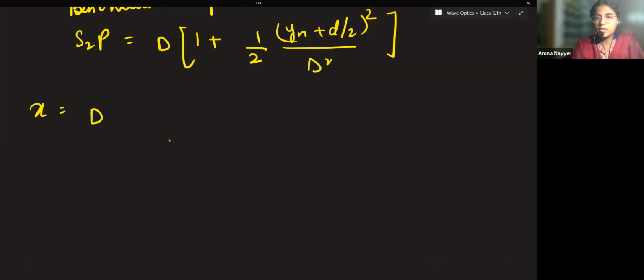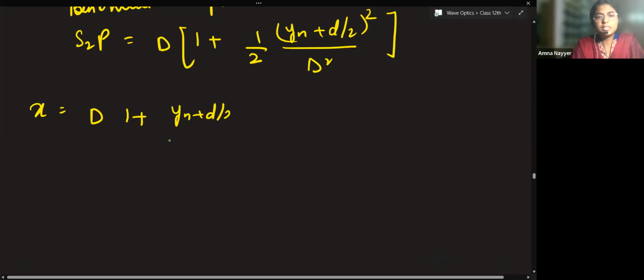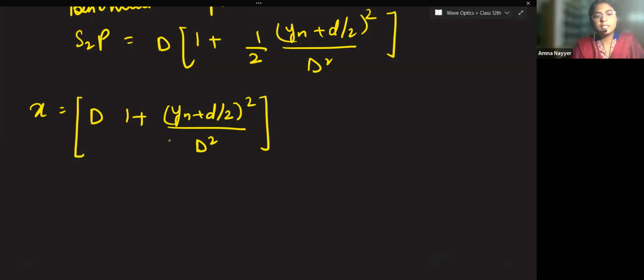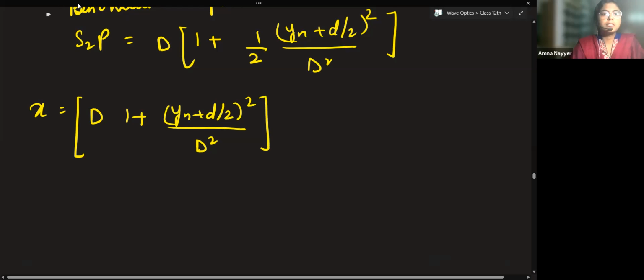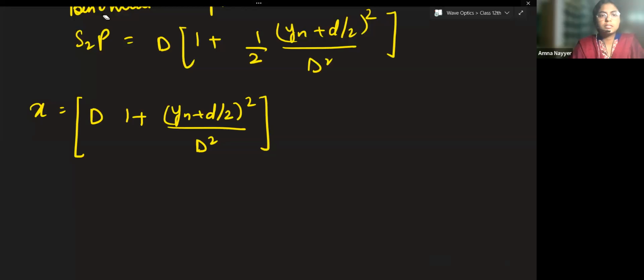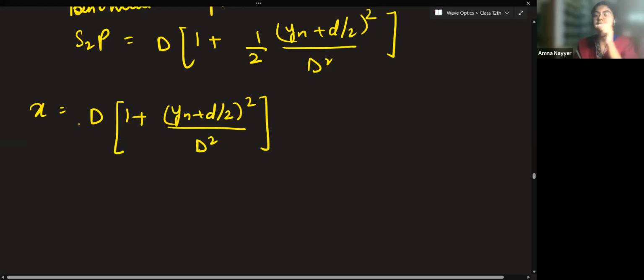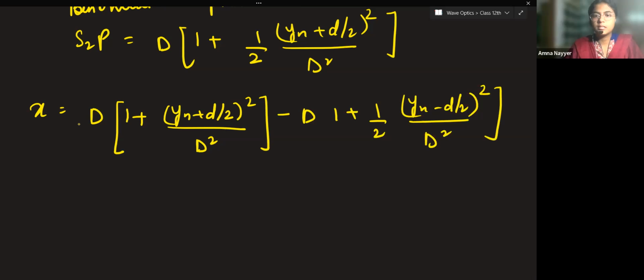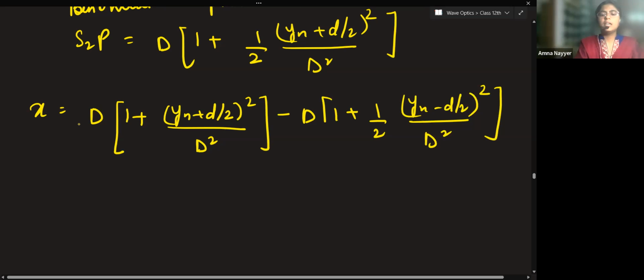S2P is in front of you: D times 1 plus half (yn plus D by 2) whole square by D square, minus S1P, the shorter one, D times 1 plus half (yn minus D by 2) whole square by D square. Now we just have to solve this.